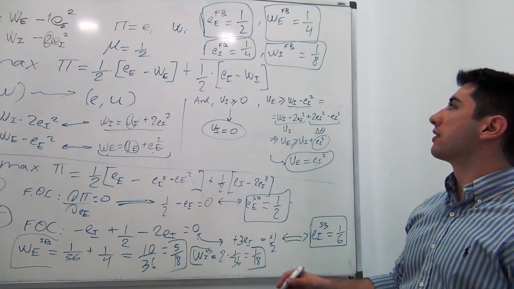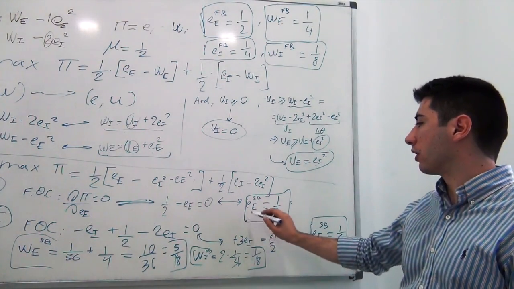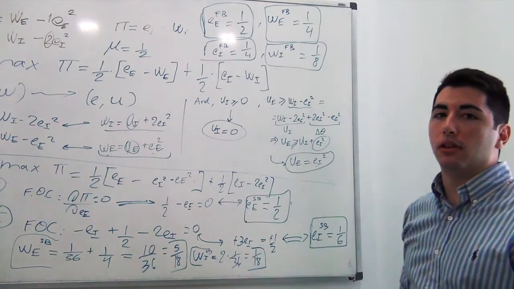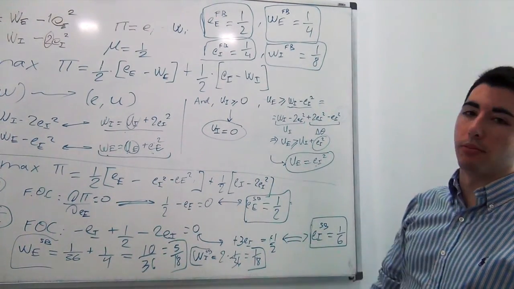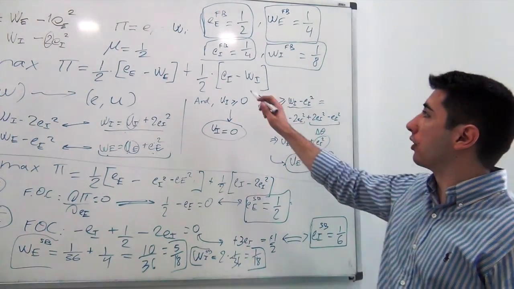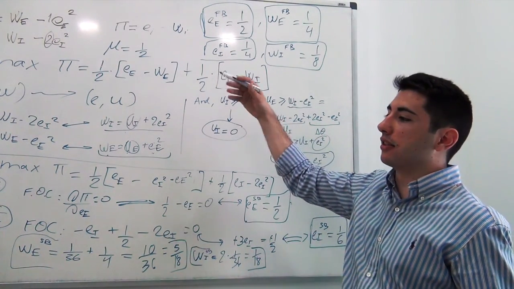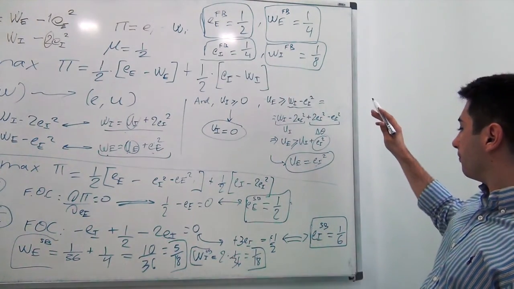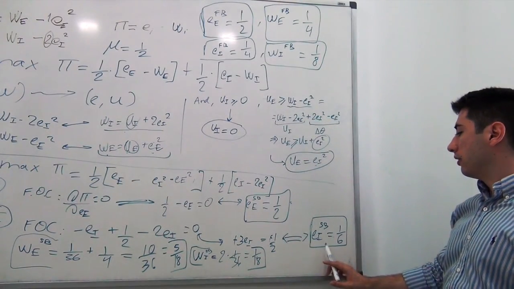The first one is, as I said, non-distortion at the top, which says that the effort level for the efficient in the second best is the same as in the first best. Then the second fundamental property is that the effort for the inefficient in the first best, so in the case that the type is observable by the principal, is greater than in the second best.